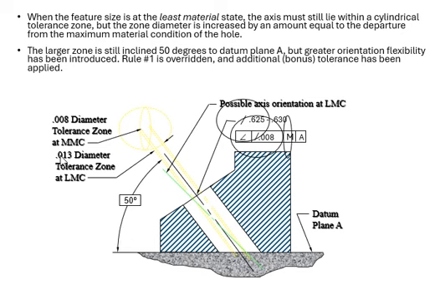This depends on the specification provided to you, because you're drafting anyway. So that's 0.013 for the LMC. Your feature size is going to be at the least material state, meaning the size of this feature is going to be at least material condition, so your hole is wider.